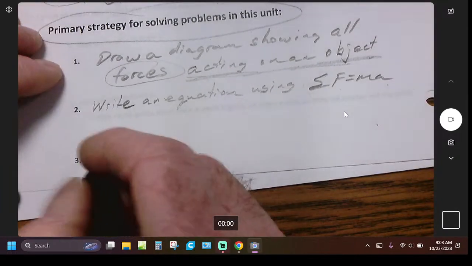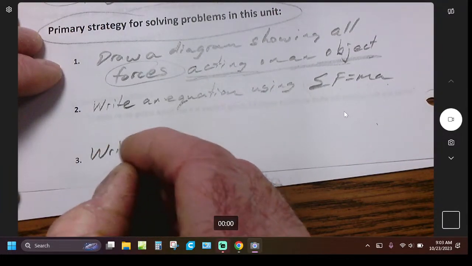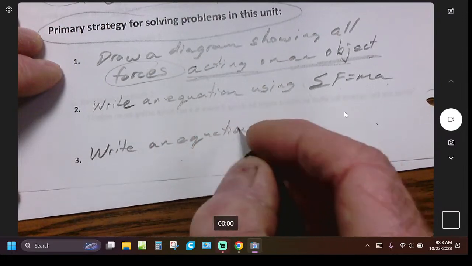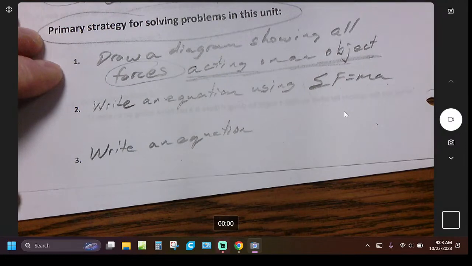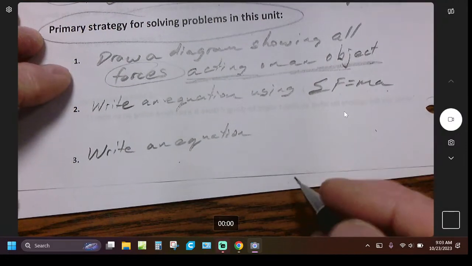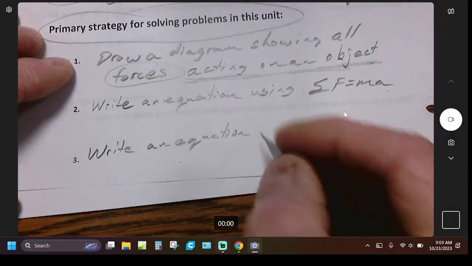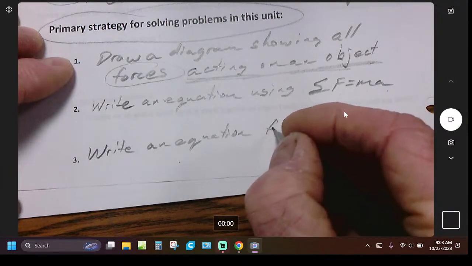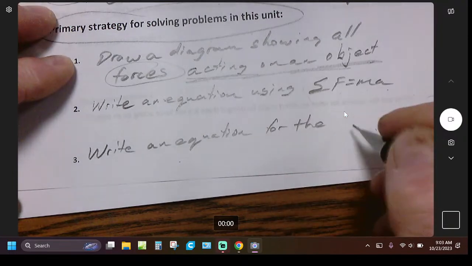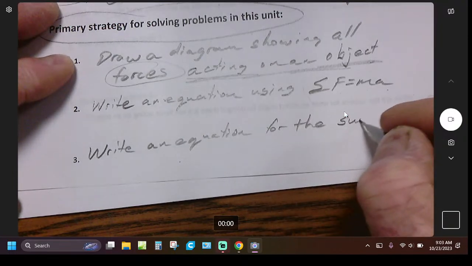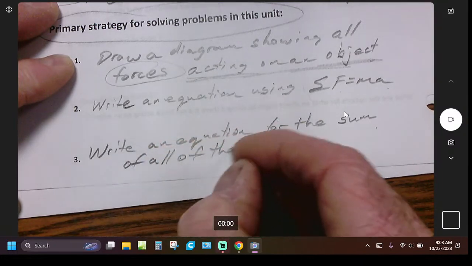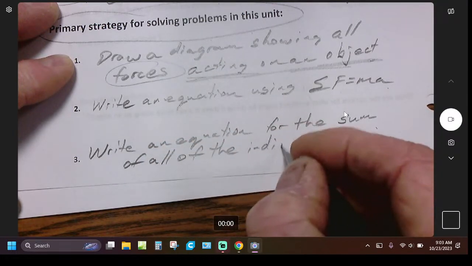And then write an equation. It's going to be two equations, just a little system of equations usually. Write an equation for the sum of all of the individual forces.